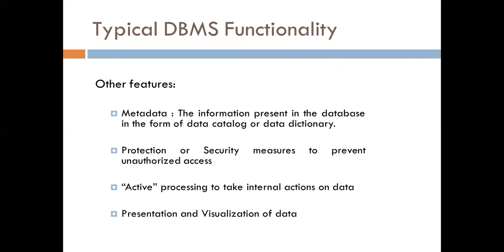Another feature that this software should provide is protection or security measures. Each user of the database will have their own username and password, so that it prevents any unauthorized access to either read the data or edit the data.